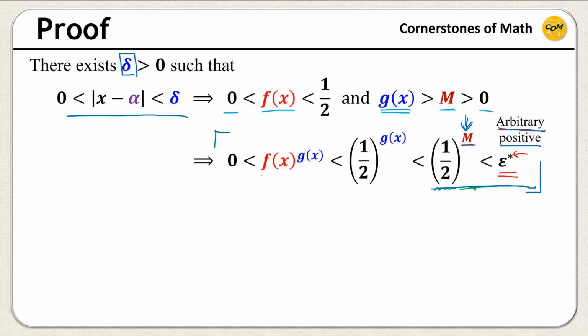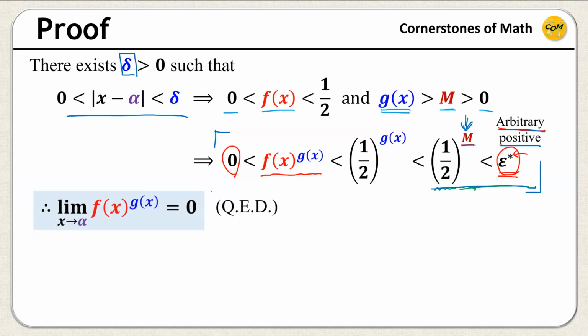That is, f(x) to the power of g(x) is sandwiched between 0 and an arbitrary positive number epsilon star. And according to Epsilon-Delta definition, this means that the limit of f(x) to the power of g(x) as x approaches alpha is 0, concluding our proof.